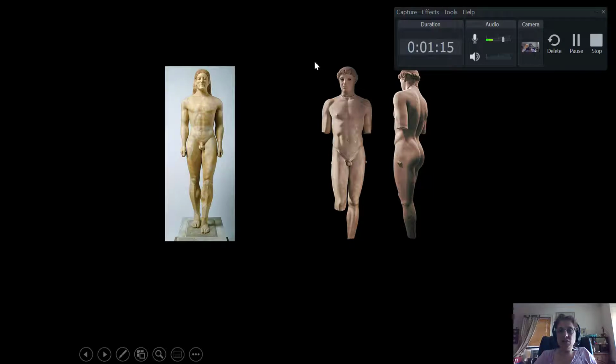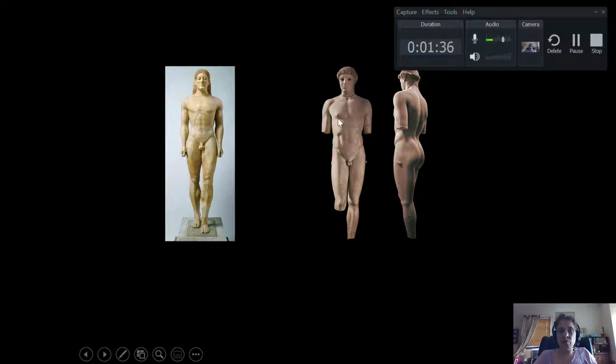This figure is much more realistic, for a couple of reasons. The hair here is a very weird stylized braid, whereas this is much more realistic. His eyes are gouged out like this because they would have been inset, probably with glass, to make them look even more realistic, and over time they've just been lost.